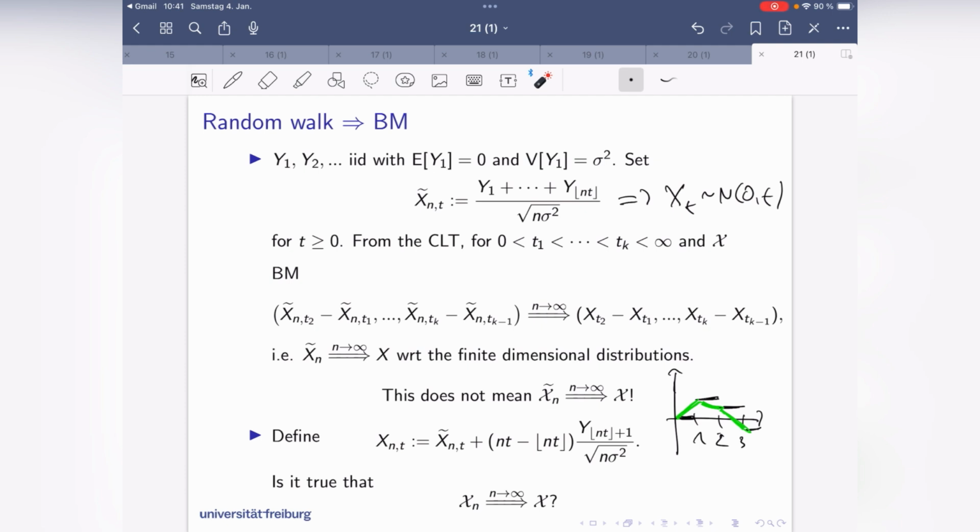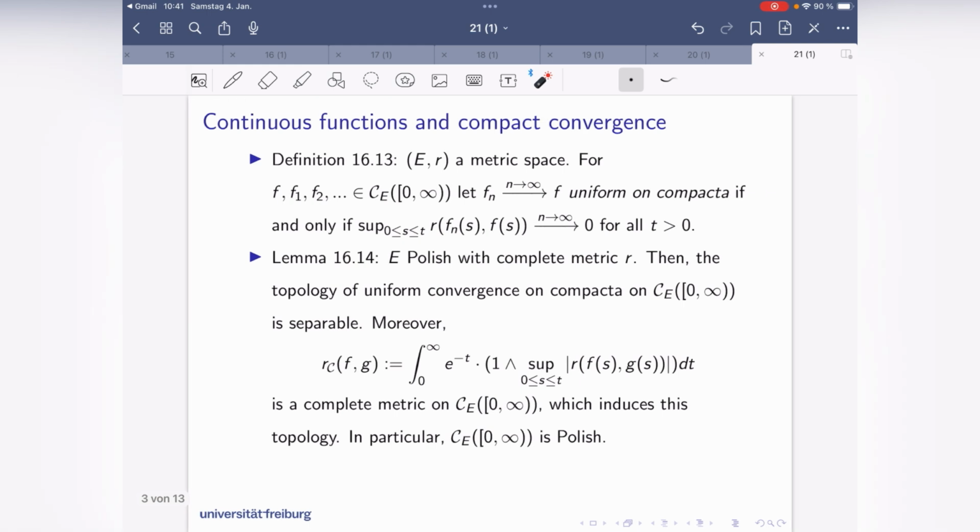And now I can ask, well, the X_n's are continuous, the X is continuous, is there a weak convergence? At least now the question makes sense. And we already know that finite dimensional distributions converge. But in order for all this to make sense, we would have to make the space of continuous functions a Polish space.